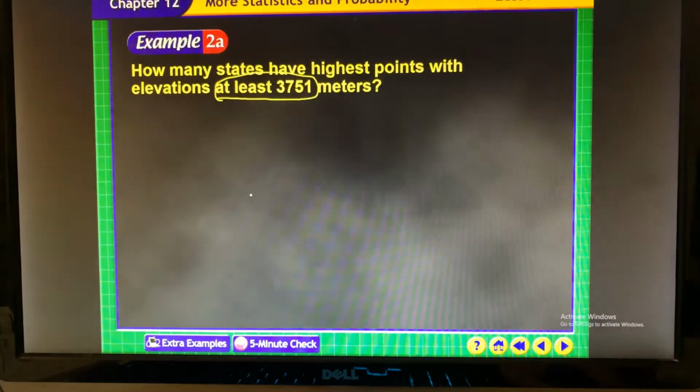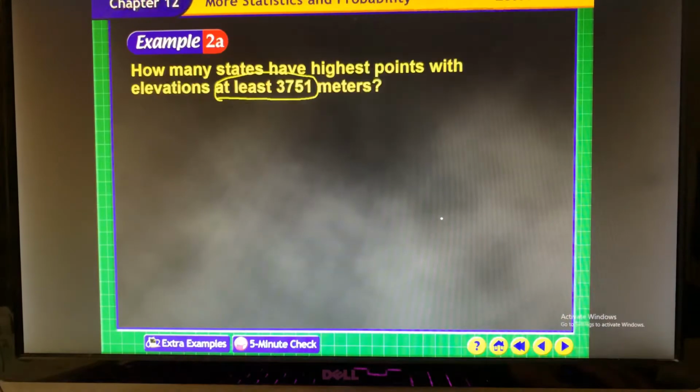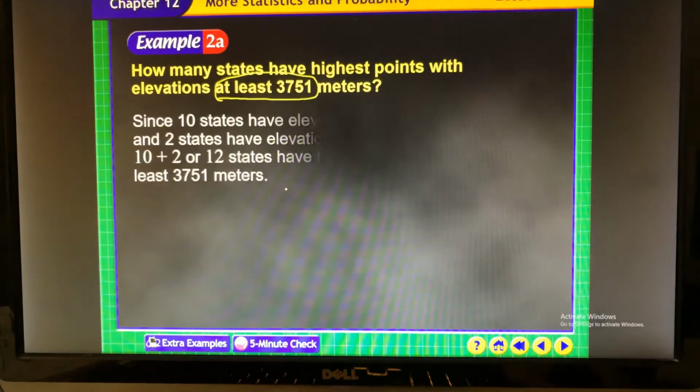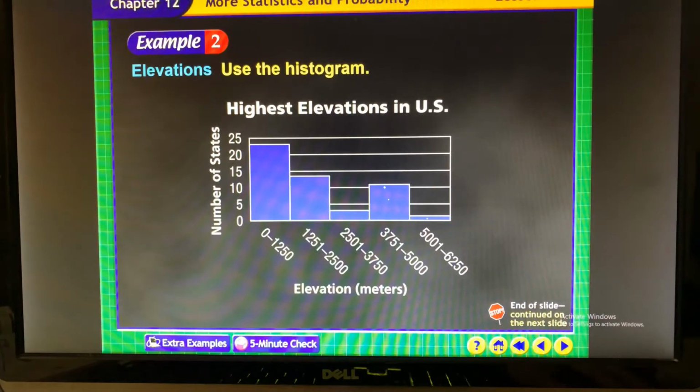So we go back and look at this bar and this bar. You try to determine approximately where each bar goes, put the two together, and you have about 12 states. That makes sense, because going backwards, this was about 11 and this was 1, so together it makes 12.